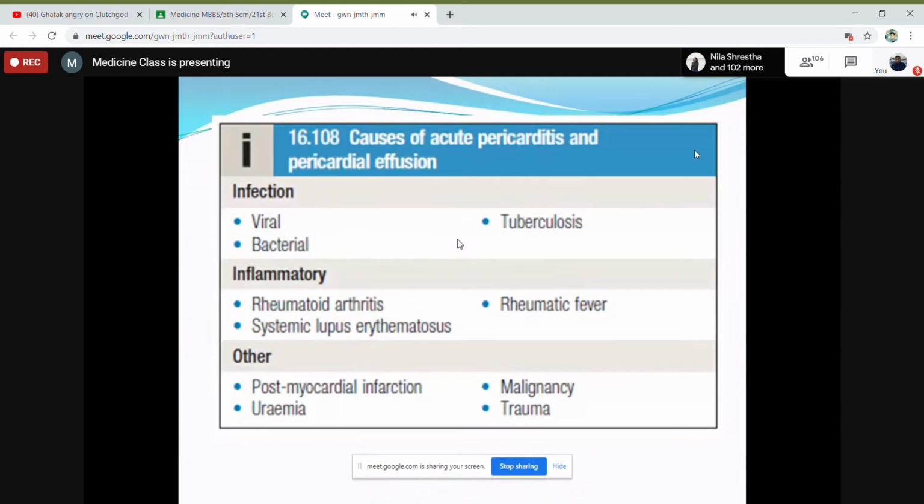In general, we discussed the causes of pericarditis, but for acute pericarditis and pericardial effusion, these are the commonest causes: infections, mainly viral, bacterial, or tuberculosis; inflammatory causes like rheumatoid arthritis, SLE, and rheumatic fever. Others include post-myocardial infarction, uremia, malignancy, and trauma.